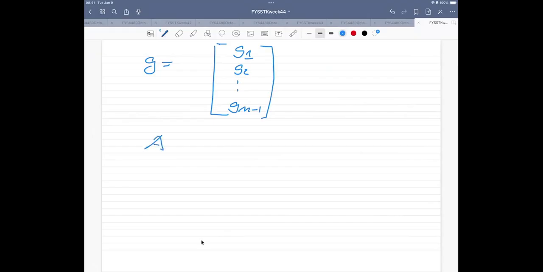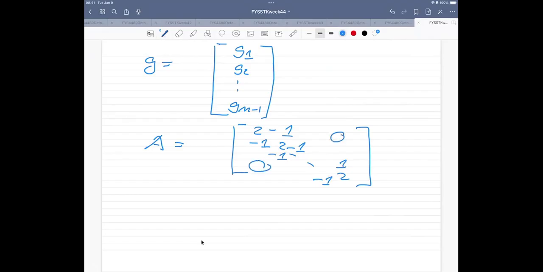I can define a matrix A, which then is a very simple one. It's a 3-diagonal matrix. So it has 2 along the diagonal and minus 1 above and below the diagonals. And if you do that, you can actually rewrite this as a matrix A times a vector G, and that is equal to this constant delta x squared multiplied with f, which is also a vector.